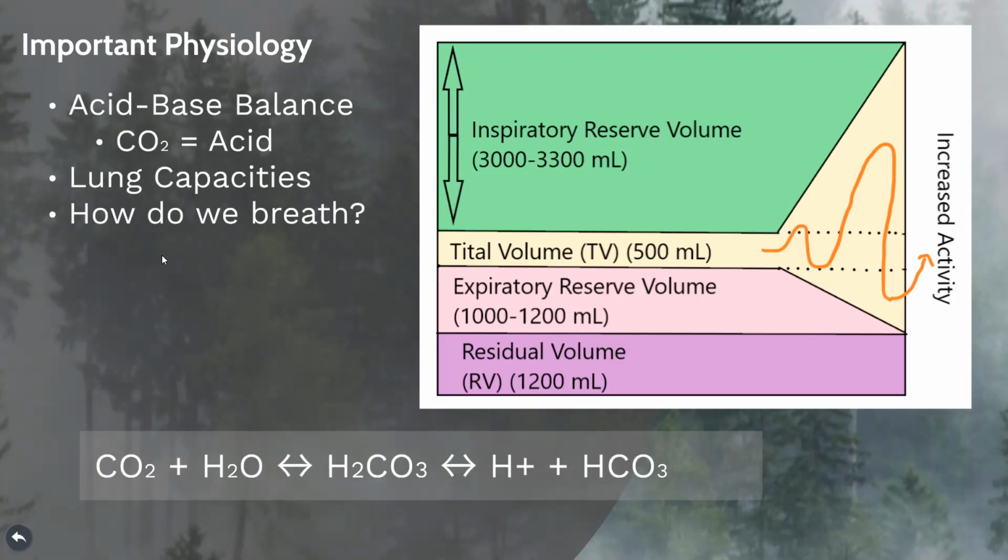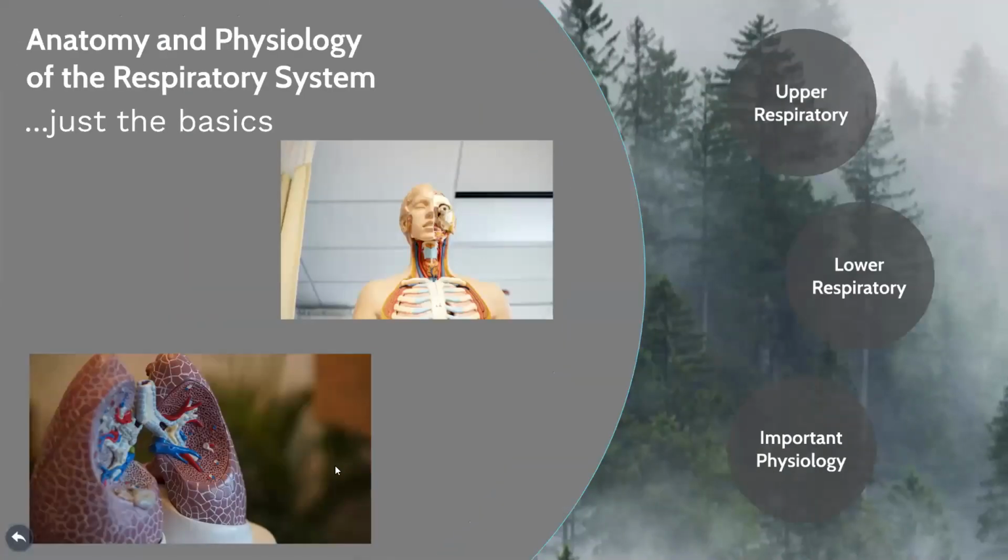Again, Boyle's law, air moves in because we've increased the volume, we've decreased the pressure, air goes from high pressure to low pressure, and we get air. We relax, everything goes back, shrinks, and the volume decreases, air goes out. That was a very quick little overview of the respiratory system.